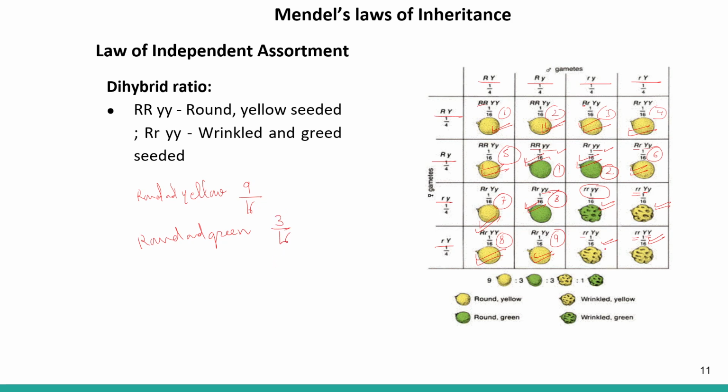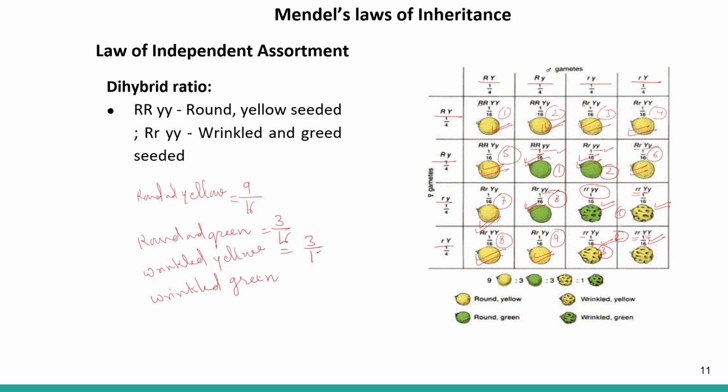And if we see this wrinkled yellow and wrinkled green, so what we'll find? We'll find that this wrinkled yellow 1, 2 and 3.